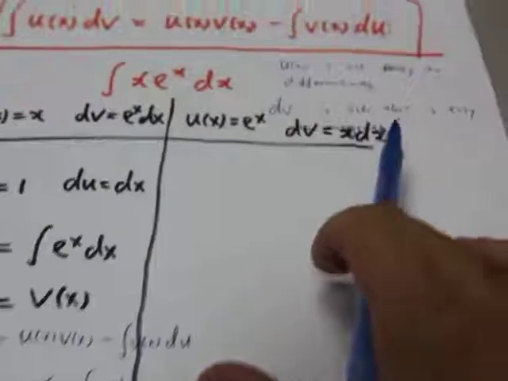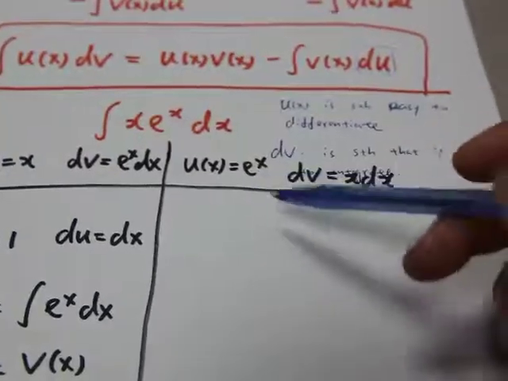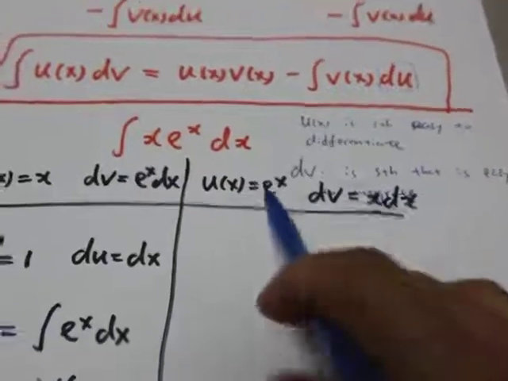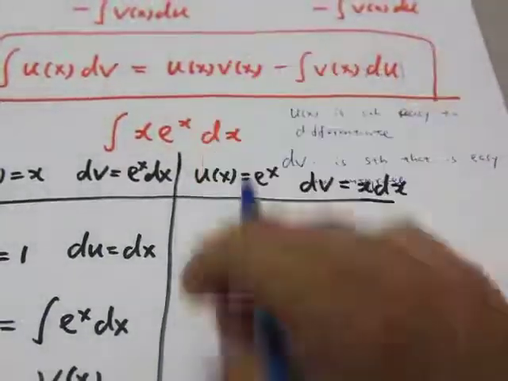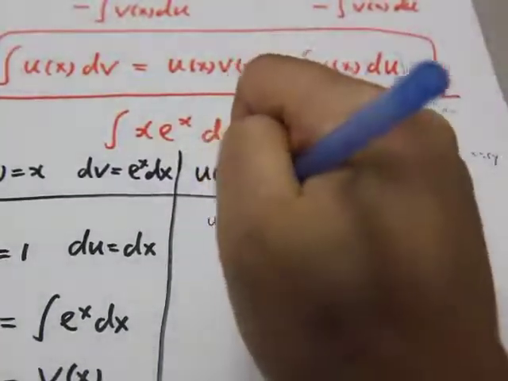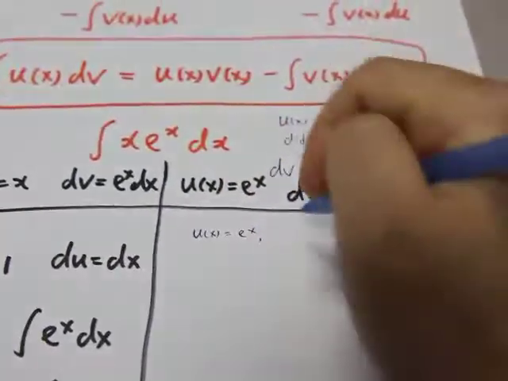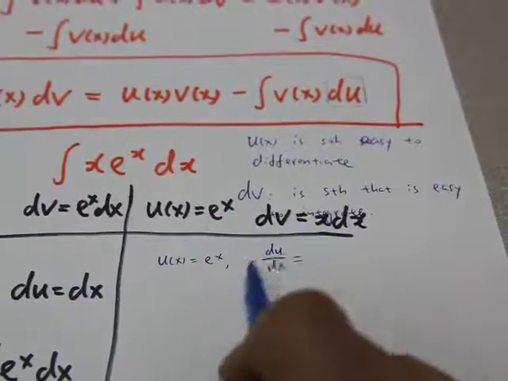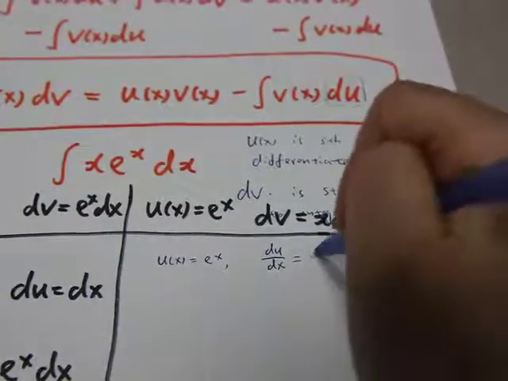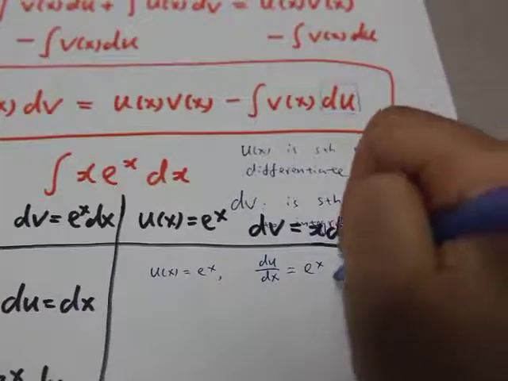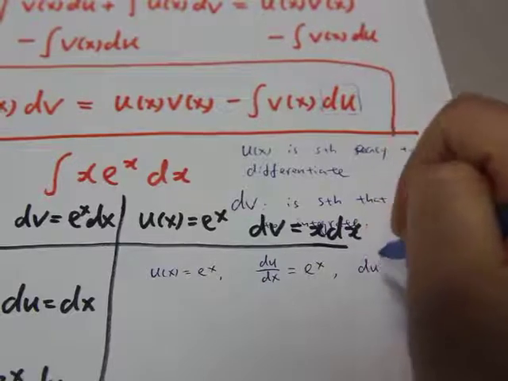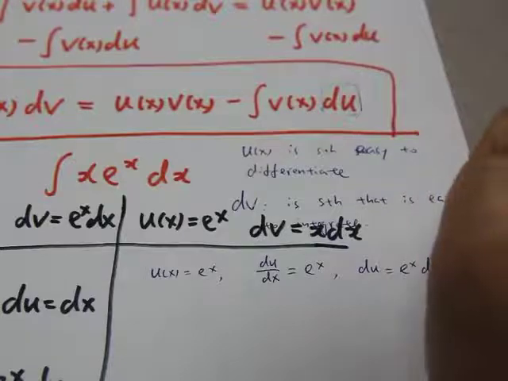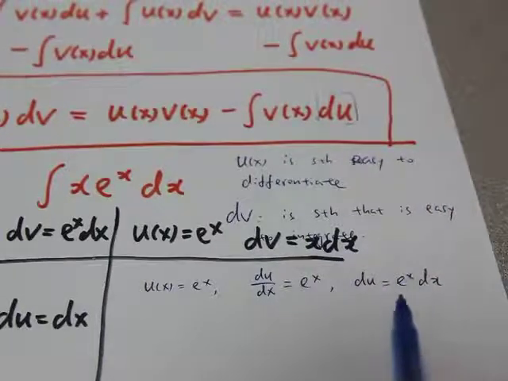Alright, now let's see what will happen if we choose this way. So if we let u(x) be e^x, that means du over dx is e^x, so du is going to be e^x times dx, right?